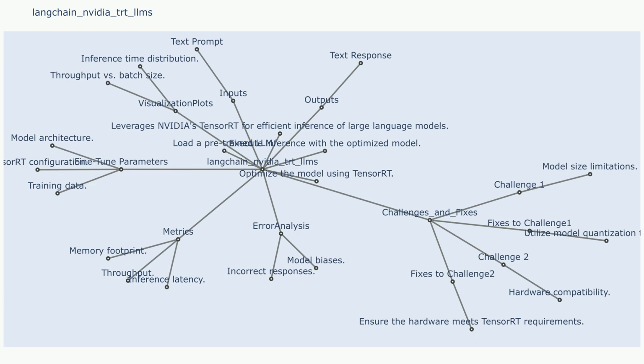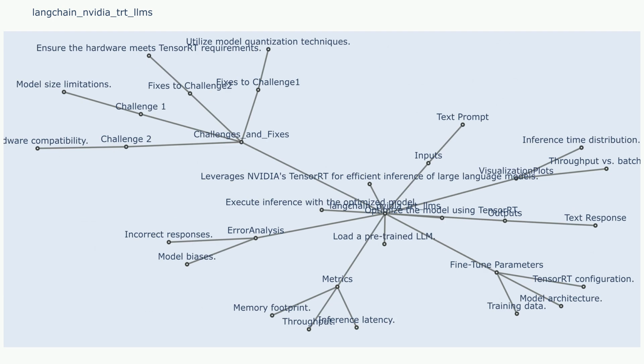Inputs: model: the pre-trained LLM model, typically in formats like ONNX or TensorRT engine files. Input text: the text prompt or query you want to feed into the LLM.